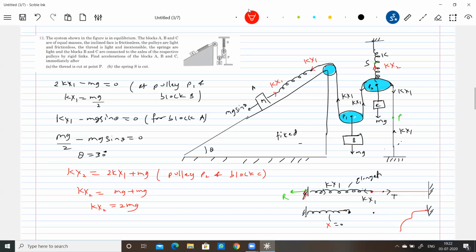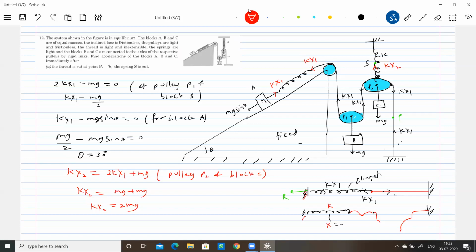So here I'm giving a diagram like this. Fine. So what is this string now? There's no elongation or compression. Does a similar thing happen for this particular spring? The spring will attain its natural length. So therefore I'll call these P, A, B, C, S. All the symbols I use, no?